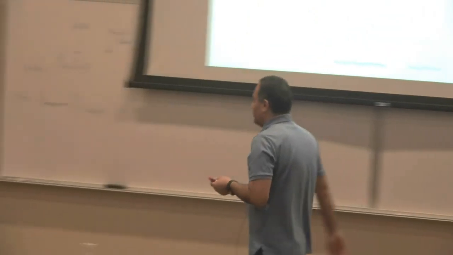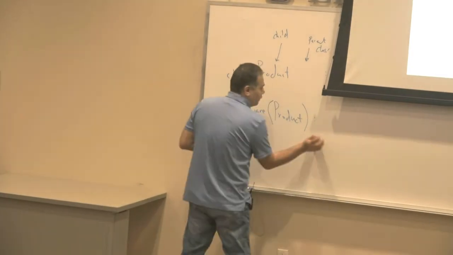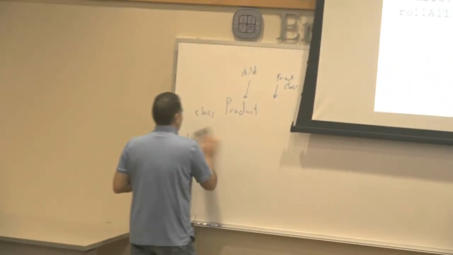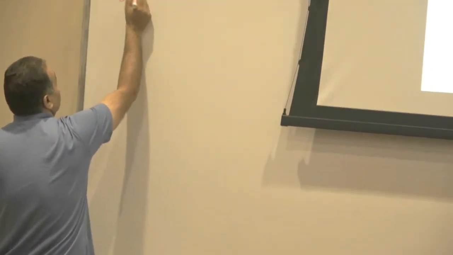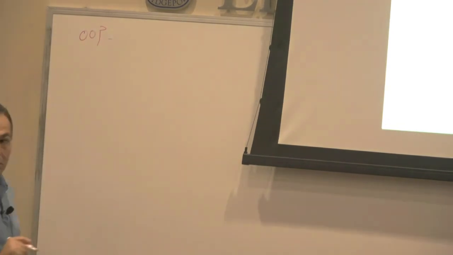So just summarize what we have learned in the first lecture. We're talking about object-oriented programming. So what does it mean? That we are dealing with objects. The whole components are objects, right?